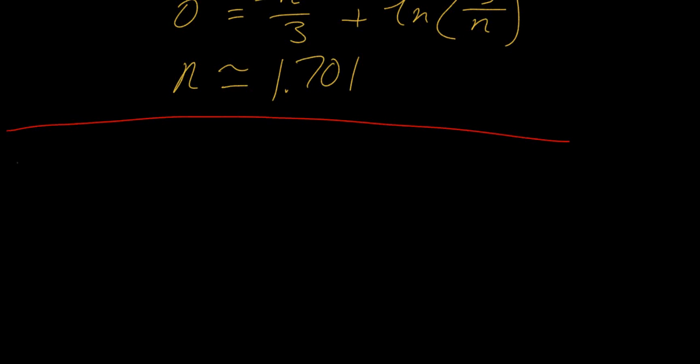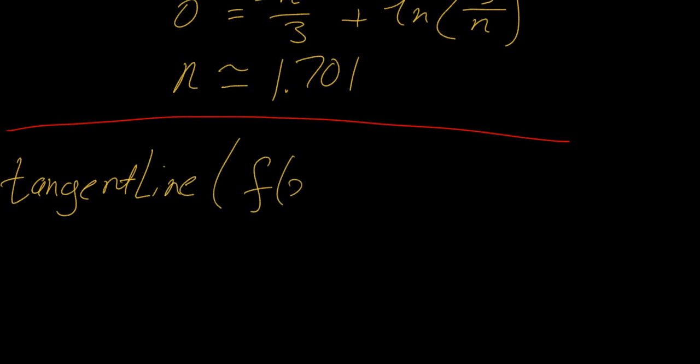For the tangent line function, if you're given the curve f of x, which was ln 3x minus 1, and you tell the CAS what variable you have and what x value, in other words, the x coordinate in this case.